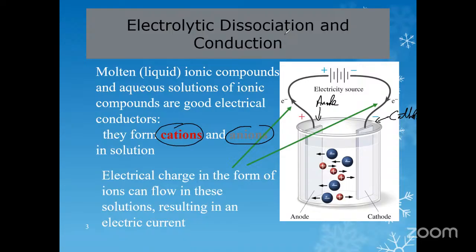The charge could be positive or negative. In the external circuit, the flow of charge is electrons flowing through the wires, while within the solution or the molten ionic compound, the flow of charge is the negative ions moving towards the anode and the positive ions moving towards the cathode. So you have an electric current going through the external circuit and also through the solution or the molten form of the ionic compound.